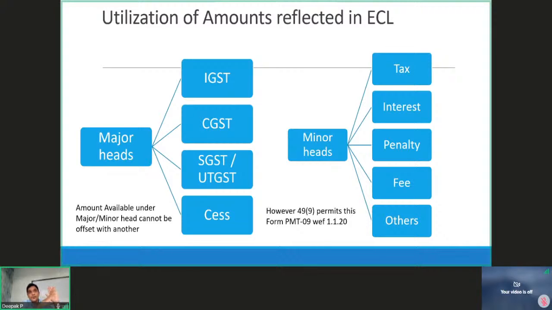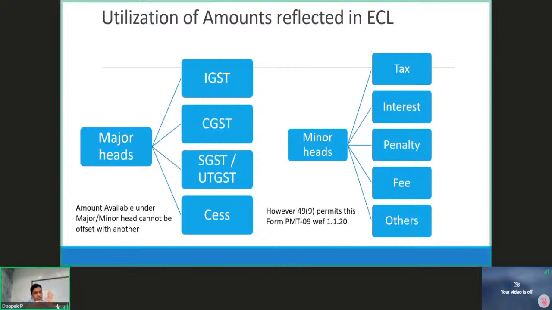But still, you cannot tell the government to automatically do it. You will have to do this transaction of PMT09. PMT09 is an online option. You will transfer this amount from your CGST tax balance to your IGST tax balance. It is not automatic. Government will not pick up the tax automatically.